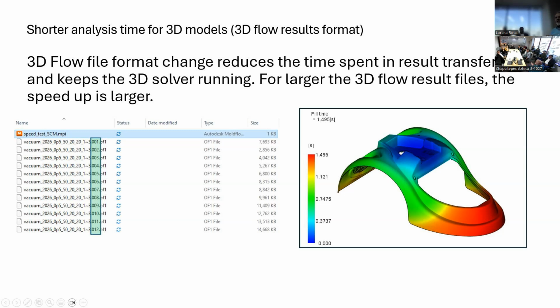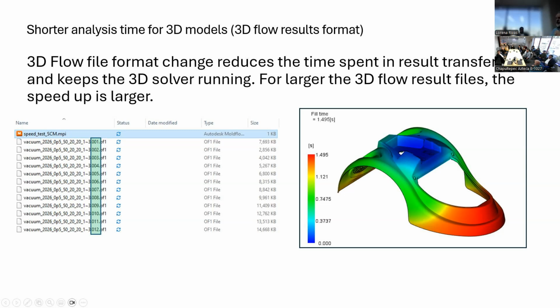Whereas in the past, if you run an analysis, you get intermediate results back, and while the intermediate results file is written, the solver stops temporarily and the data gets transferred. And the problem here is that until now we always had a growing file for the intermediate results, so the file gets larger and larger and larger.